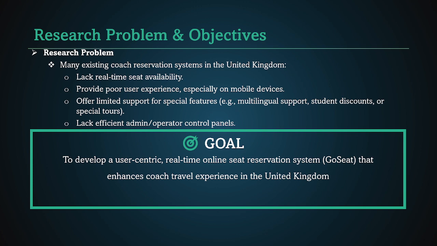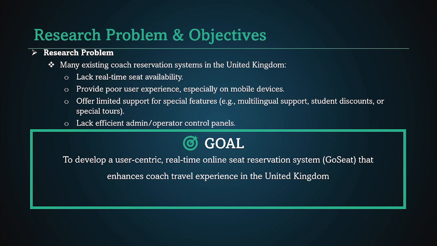They are not good on mobile, and they don't support features like student discounts or multi-language options. Some companies are poor in these systems. So my objective is to develop a real-time, easy to use online reservation system to improve coach travel in the UK.